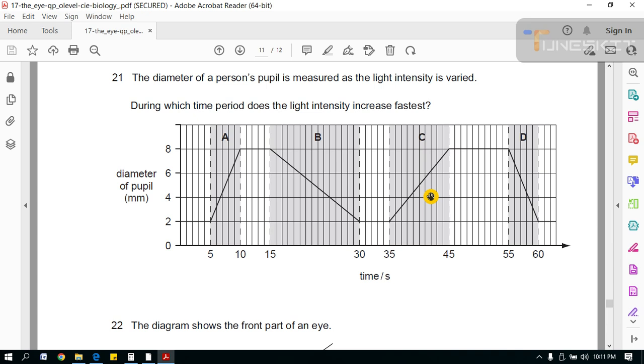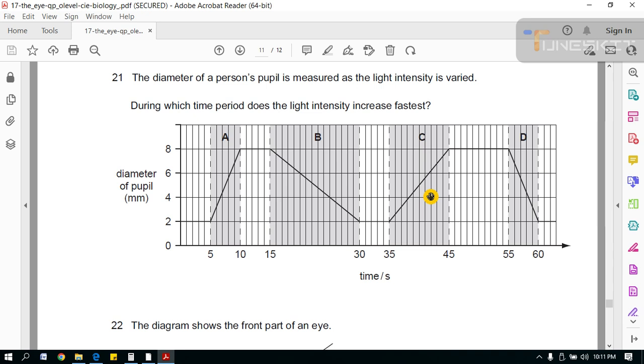So we can say the light intensity increases fastest in case of D, because the diameter of the pupil is decreasing fast as compared to B.